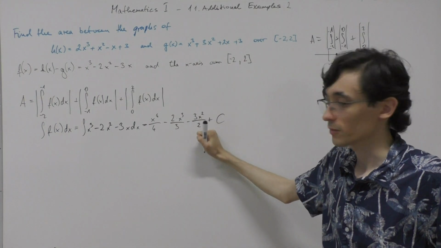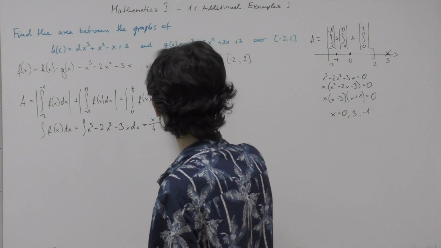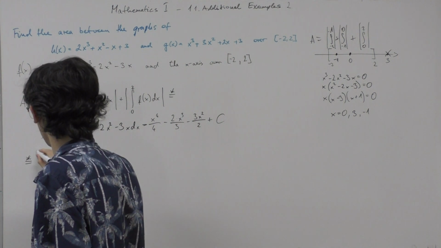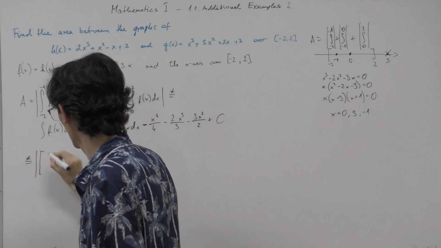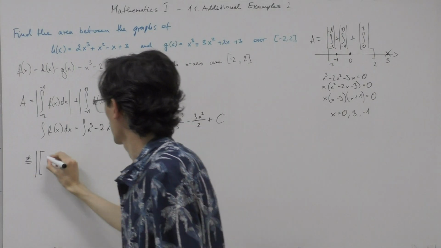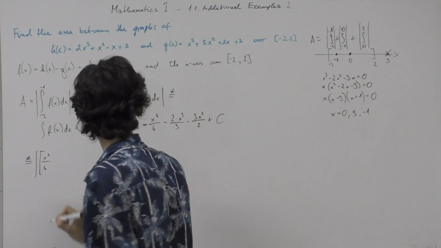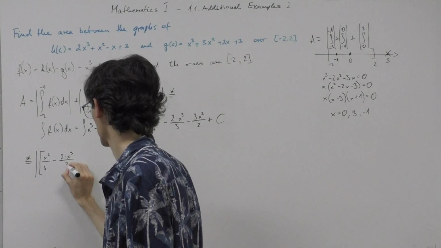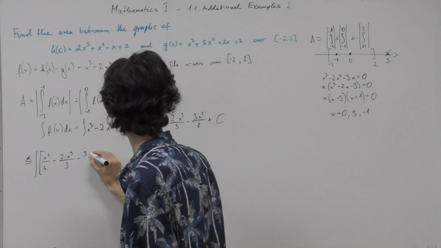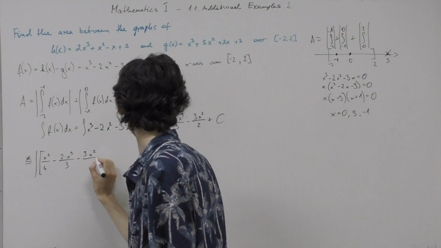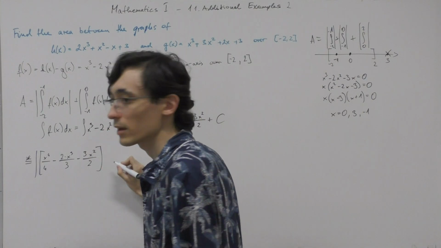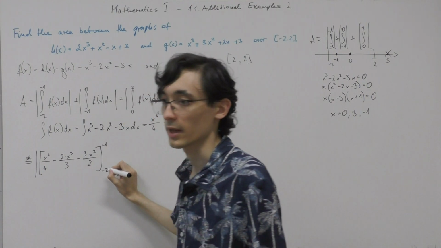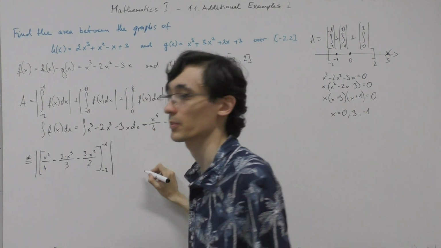And now that we have found the primitive function, we can calculate our area using the Newton-Leibniz formula, which gives us, of course, the absolute value. Let's take the primitive function x to the 4th power over 4 minus 2 times x cubed over 3 minus 3 times x squared over 2, let's evaluate it at -1 and -2 and take their difference.